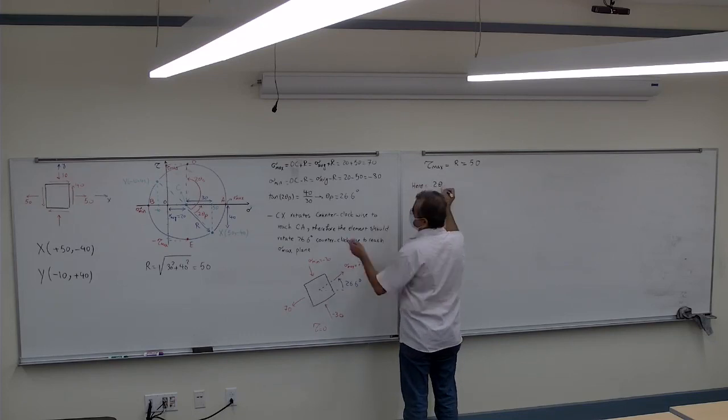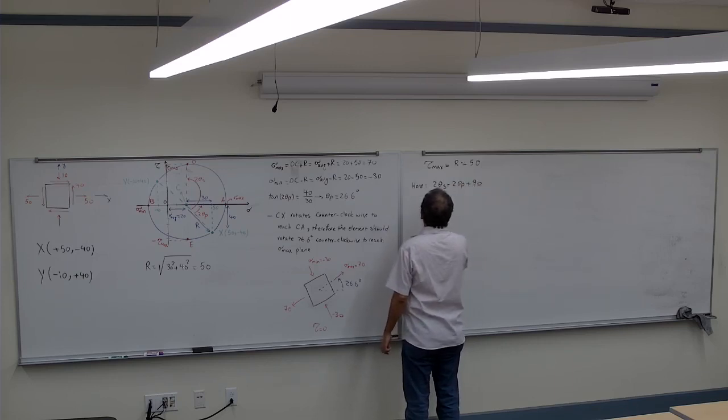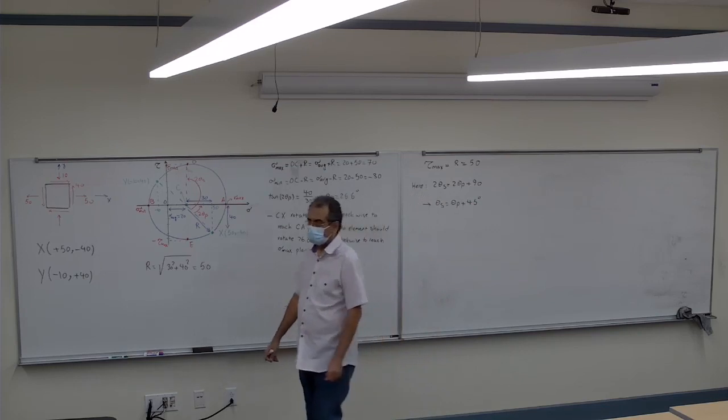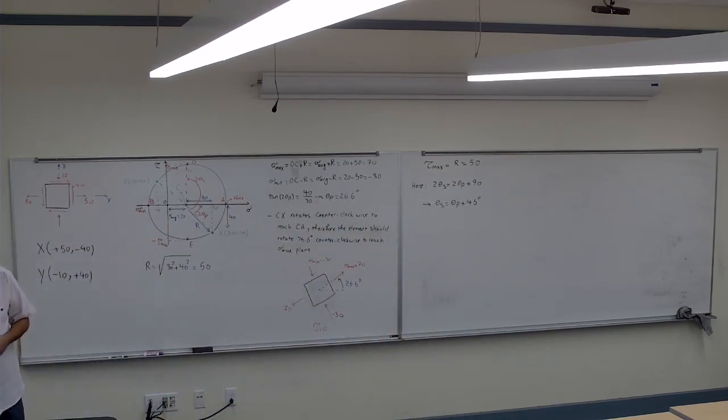Therefore, theta s is theta p plus 45 degrees. So basically there are 45 degrees here. Remember that we already said that theta s and theta p are 45 degrees apart.